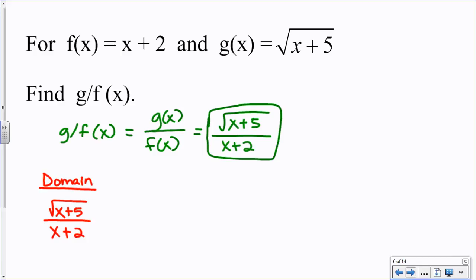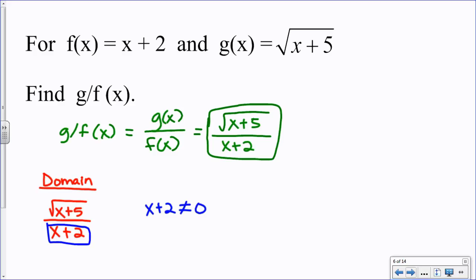Okay. This one also has two parts. It has a denominator and a radical. So the denominator part here, I know, okay, x plus 2 can't equal 0. That's what being in the denominator means. But then I also have a radical.